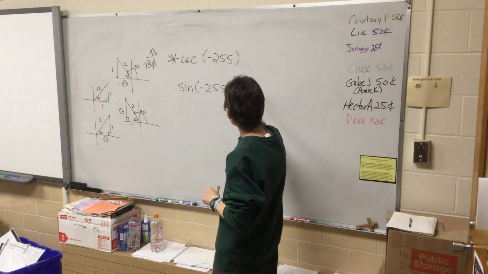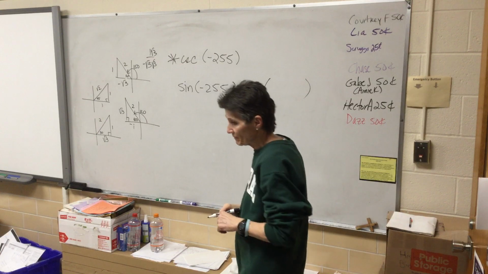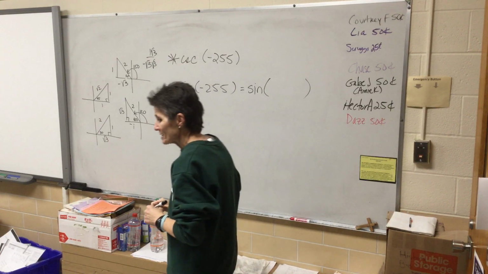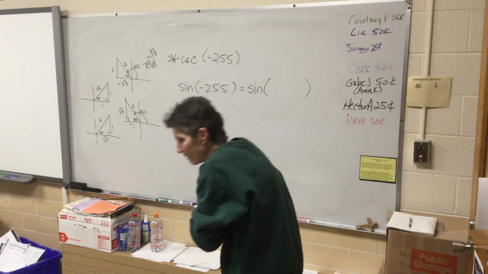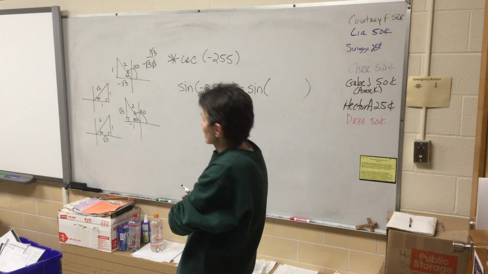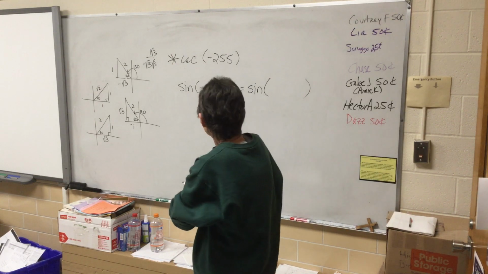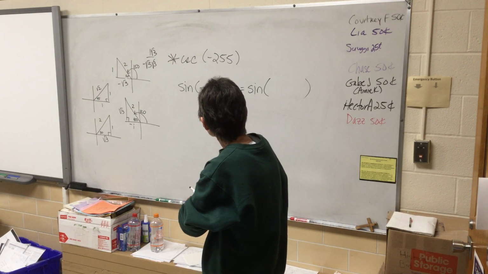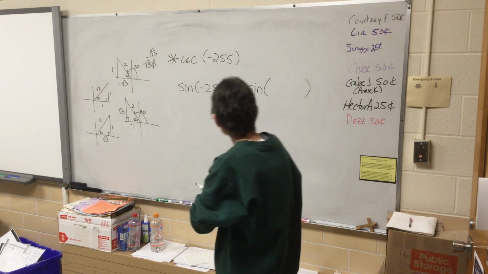You need to come up with a way of getting negative 255 from your special angles. Anybody have a thought on that? Negative 45 minus 210.